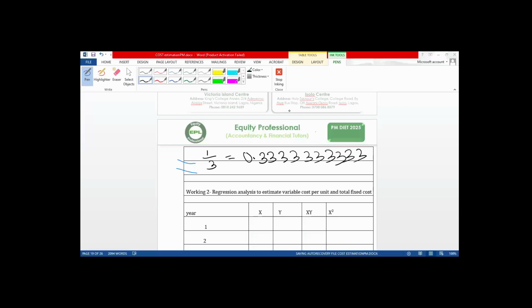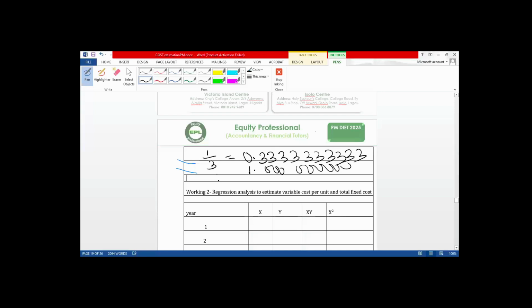So when you have this, the increase in material labor cost is 0.33333. You now add 1 to it. That one represents the initial labor wage.